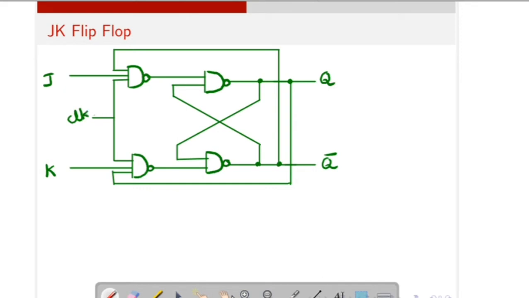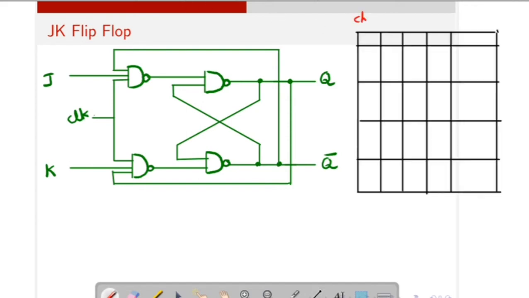Now we can explain the working of this JK flip-flop using a characteristic table. This is the characteristic table.